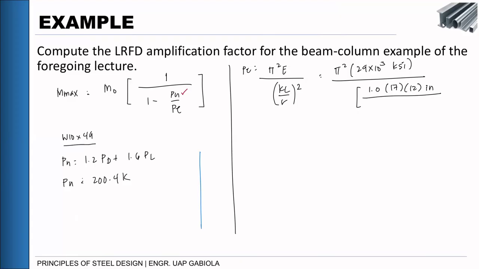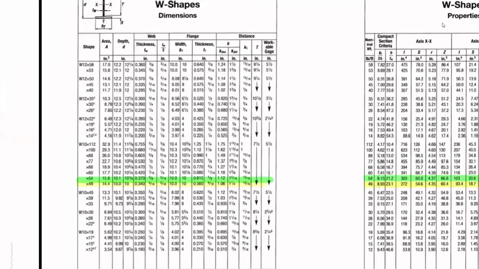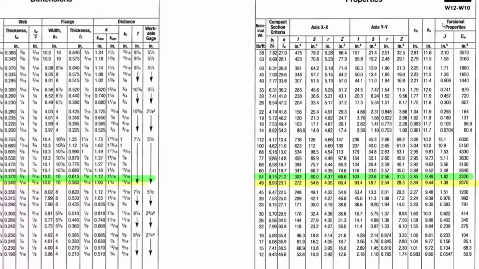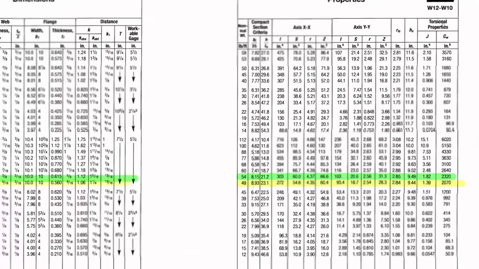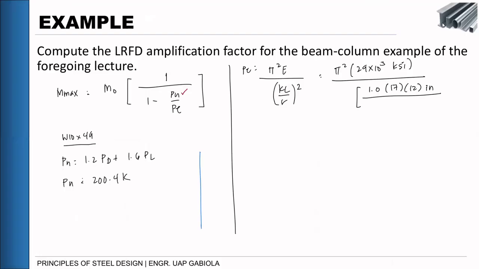So, rx makukuha natin sa Table 1-1. W shape. So, let's look at W10x49. Ito yun. rx is 4.35. So, that will be 4.35 inches. And this is squared.